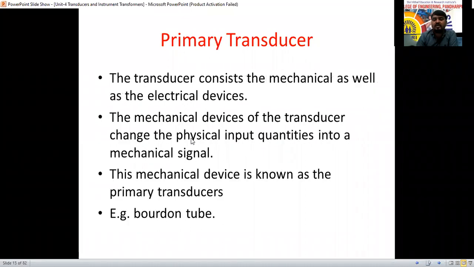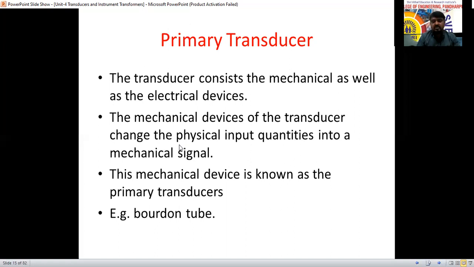Now it is very important: primary transducers and secondary transducers. Primary transducers are called mechanical transducers. The transducer consists of both mechanical and electrical devices. The mechanical devices of the transducer change the physical input quantities into a mechanical signal.